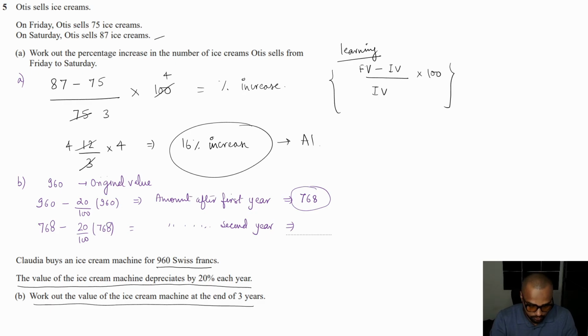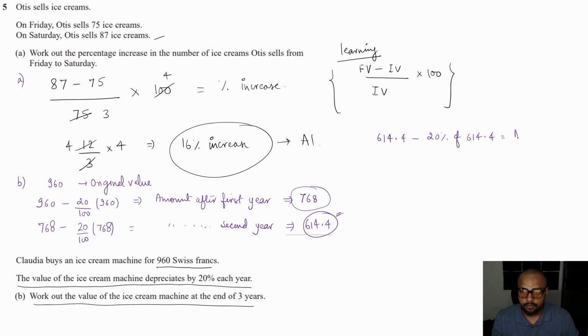So again, I'll be calculating it here for you. We are getting 614.4 Swiss francs. Now similarly, the amount after the third year. Now this will be considered as the base value. So it will be 614.4 minus 20% of 614.4.